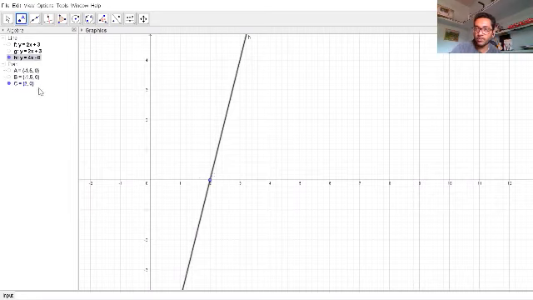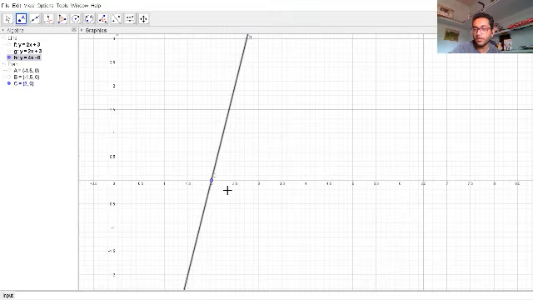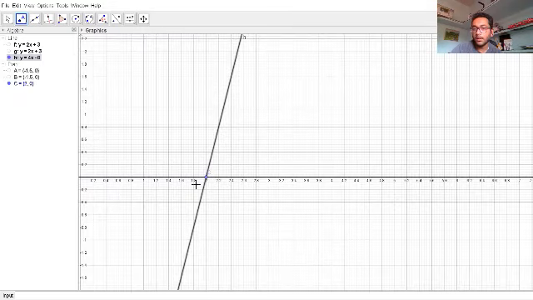This point is 2, 0. Graphically also you can see this point is 2, 0. And if you put this value 2 in the equation 4x minus 8, what will you get? 4 times 2 is 8, 8 minus 8, 0. So this is a very good example of a linear polynomial and its zero.